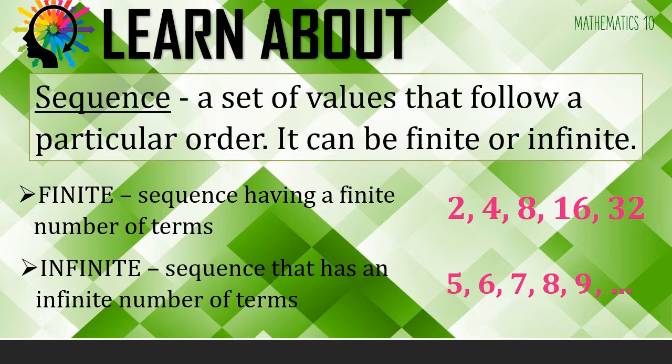This ellipsis means that the sequence goes on infinitely. So in our second example for an infinite sequence, we have 5, 6, 7, 8, 9, 10, 11, 12, 13, 14, and so on. So that is an infinite sequence.